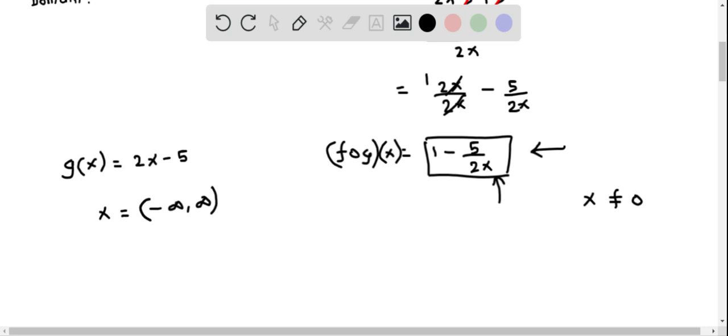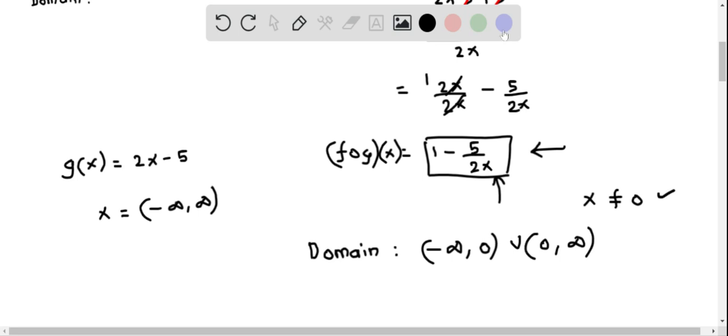And when we combine these two domain restrictions, we get the domain of the composite function. We can write this in interval notation as negative infinity to 0 union 0 to infinity, as we understand that x is not defined for 0. So this is how we write down the domain of the composite function in interval notation.